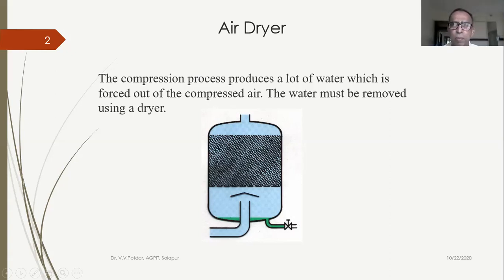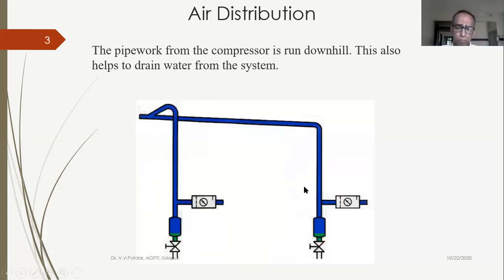It will be passing through the pipeline, through different valves, and then moving to the pneumatic cylinders. So water content is not advisable. That might erode and rust your components. So water must be removed, and this work is done by the air dryer.